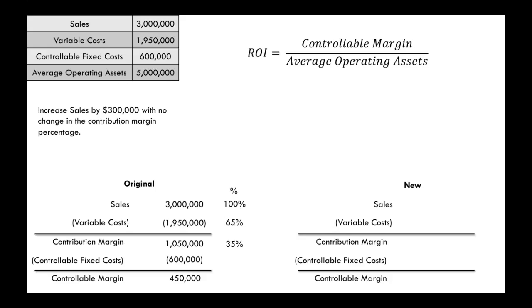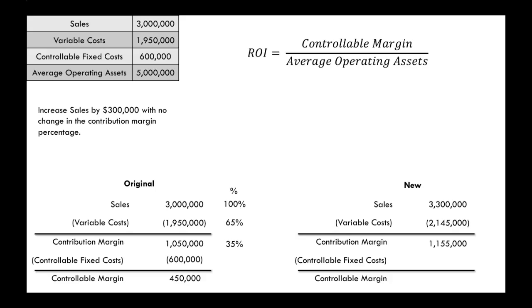We're going to use that now to fill out our new information over here. So sales is going to be 3,300,000 because we increased by 300,000. Variable costs are 65% of our sales. So we find that to be 2,145,000. Contribution margin is 35% of our sales.